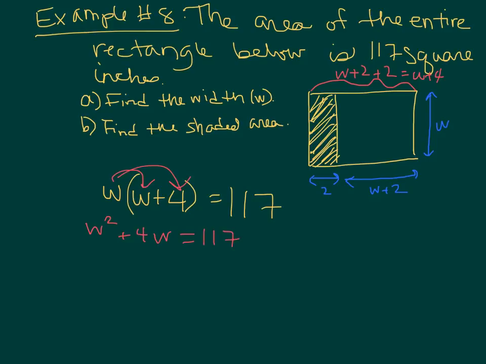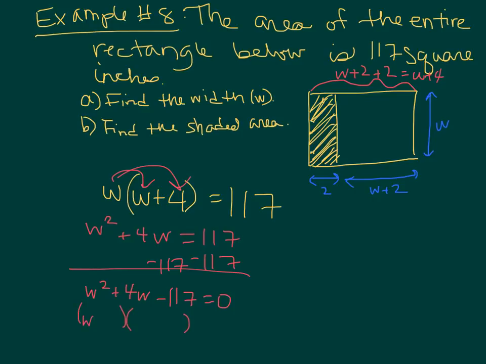So in order to solve this equation, I am going to move over the 117 and rewrite it as W squared plus 4W minus 117 equals 0. Then from there, I'm going to factor it.